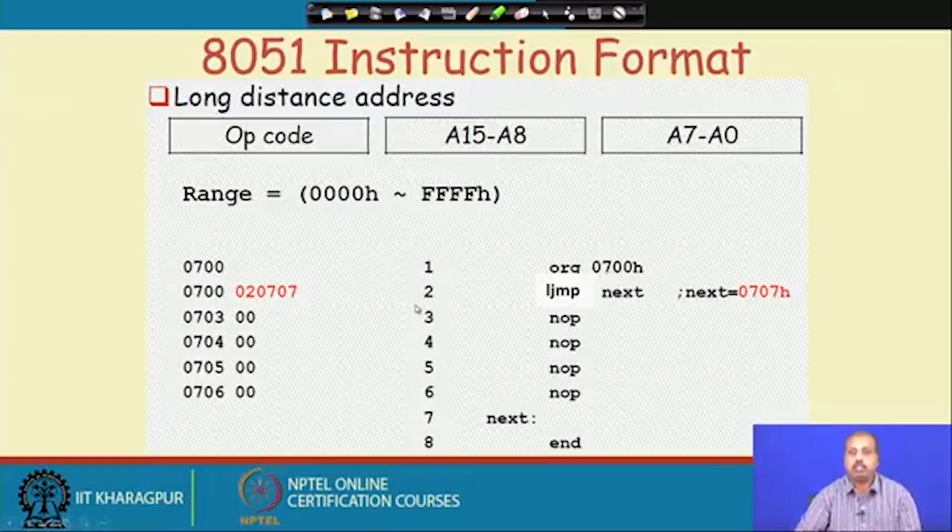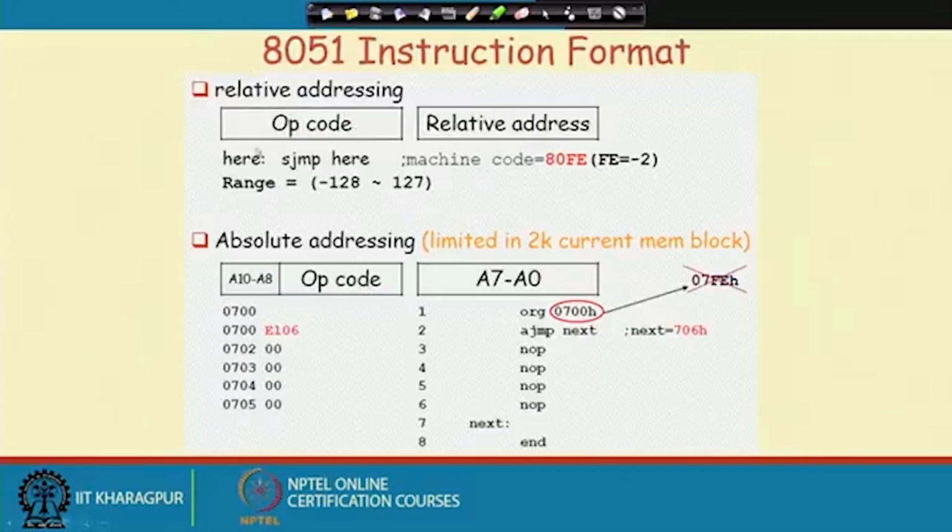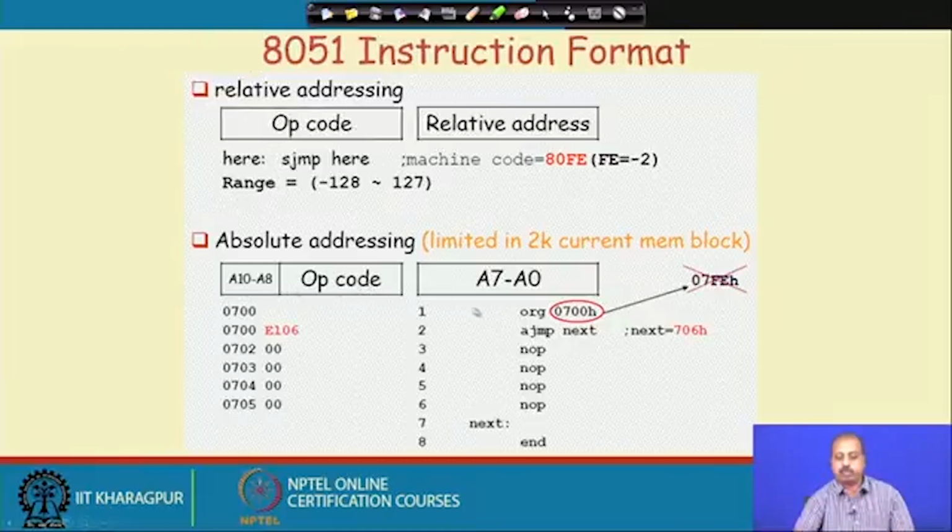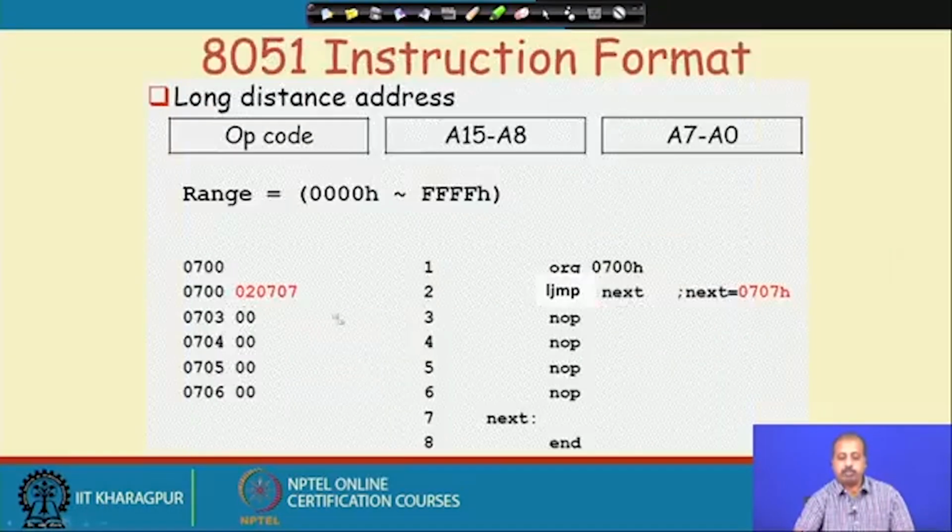So, we have got these three variants of jump instruction. We have the relative jump instruction specified as SJMP. We have the absolute jump instruction specified by AJMP, which is a 2 byte instruction, and the relative jump instruction is also a 2 byte instruction, but the LJMP instruction is a 3 byte instruction.